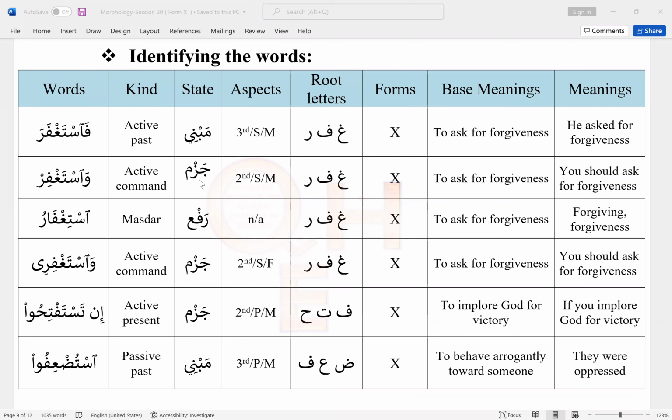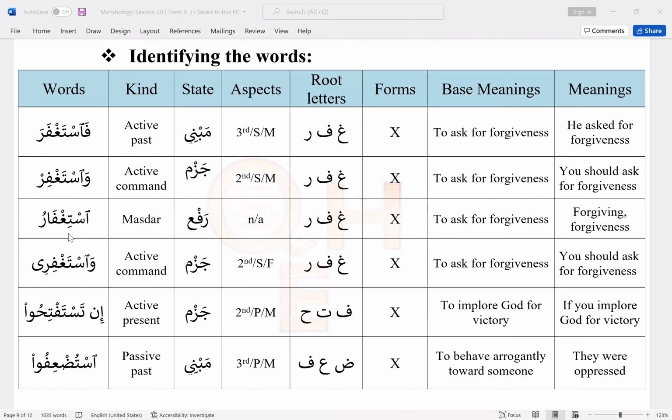Command verbs are always jazm state. If you look at the 6 conjugations we just went over for the command verbs, this is the first one, which does not have any suffix. So that's corresponding to second person singular male. And so the meaning would be you should ask for forgiveness, because the direct command is to you. Next one.